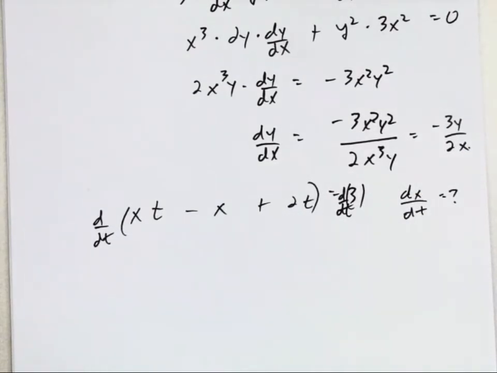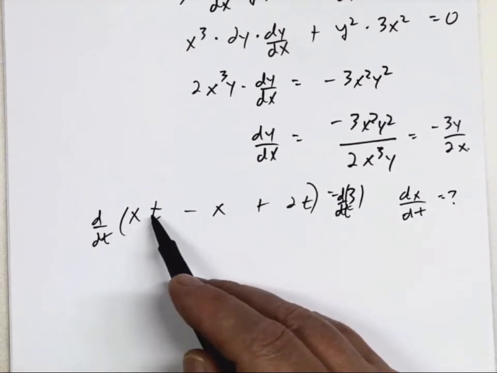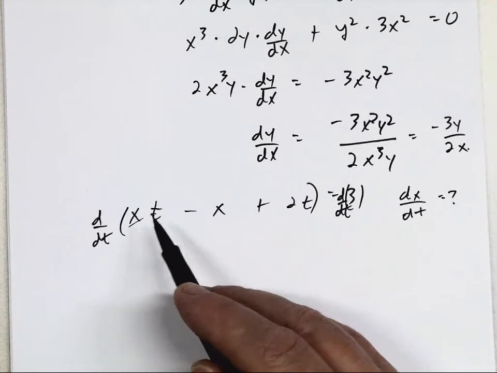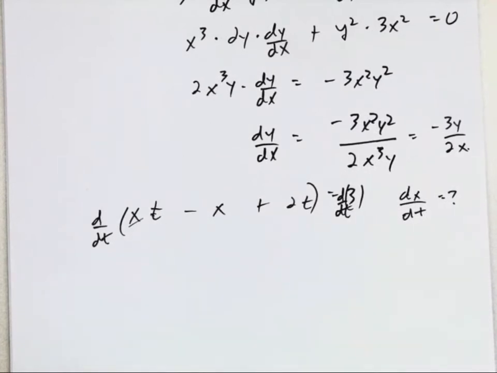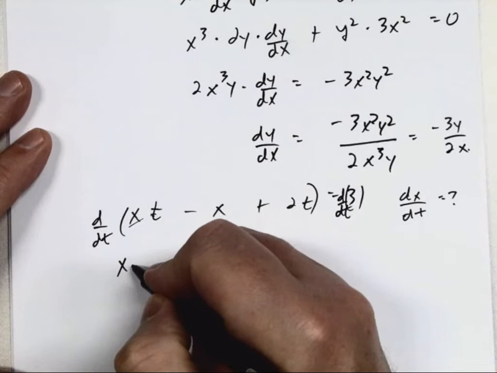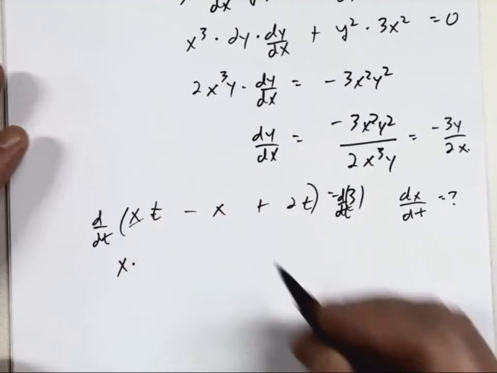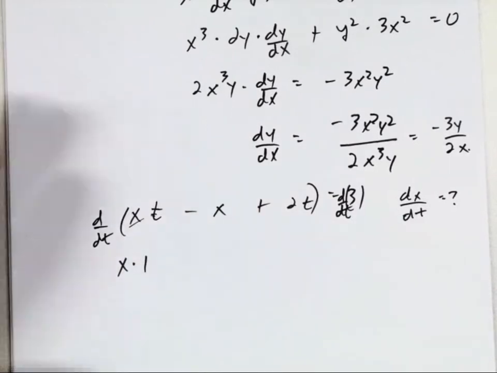Now I notice right away I have three terms here. This first term, I have the variable x times the variable t. So like I have two functions multiplied together. I'm going to have to apply the product rule. So I'll write the first times the derivative of the second. The derivative of t with respect to t is just 1.